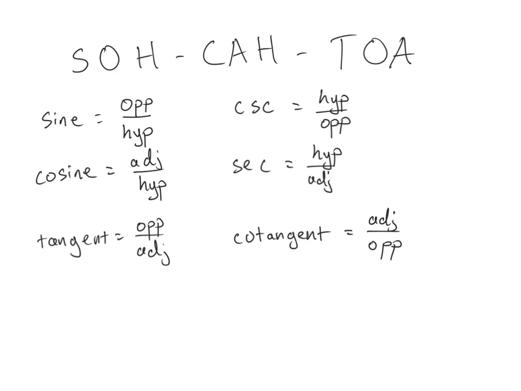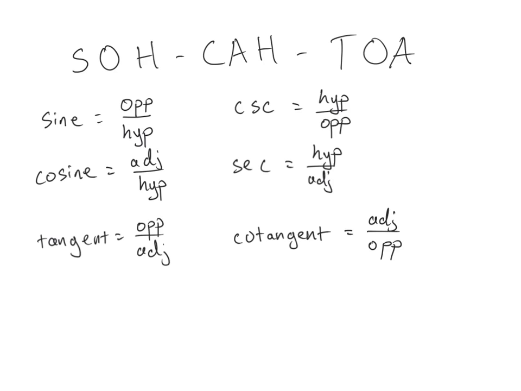Or instead of doing that, you could just do 1 over sine, 1 over cosine, 1 over tangent on your calculator instead of flipping the hypotenuse over opposite. You could just take 1 over whatever function it is in your calculator.